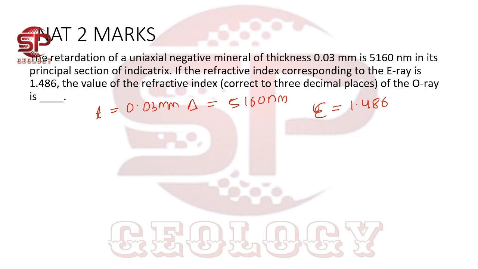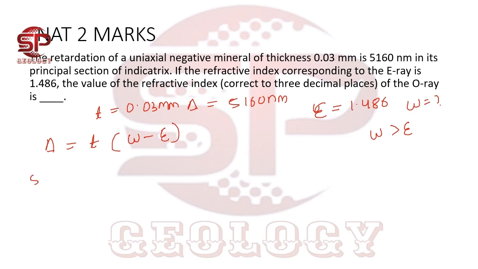So you have to calculate the refractive index of the O ray, omega. It is a uniaxial negative mineral, so omega is greater than epsilon. We put in the retardation formula: retardation equals thickness into birefringence. Birefringence is higher minus lower, omega minus epsilon.